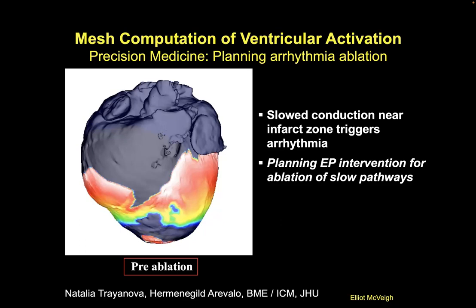So it's not completely transmural, or there are some elements of normal tissue allowing the transit of a depolarization signal through this space. But as you can see, it's completely slowed down, right?